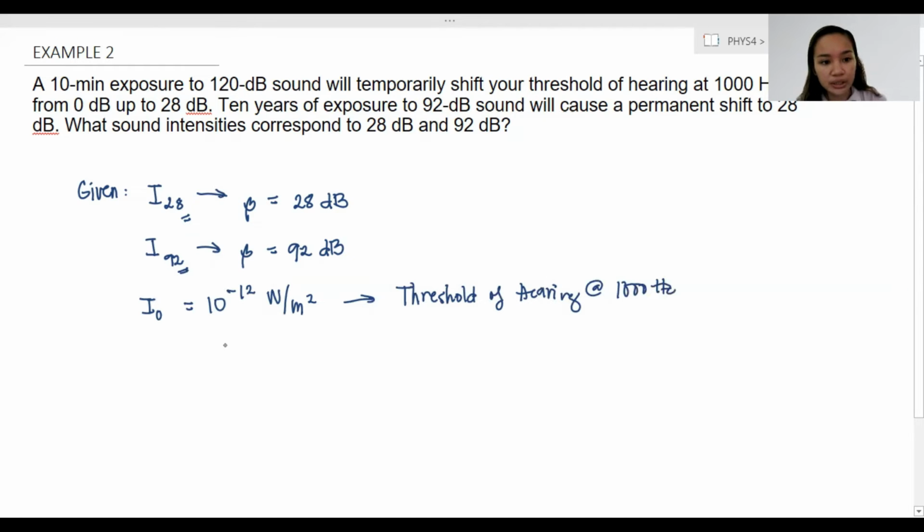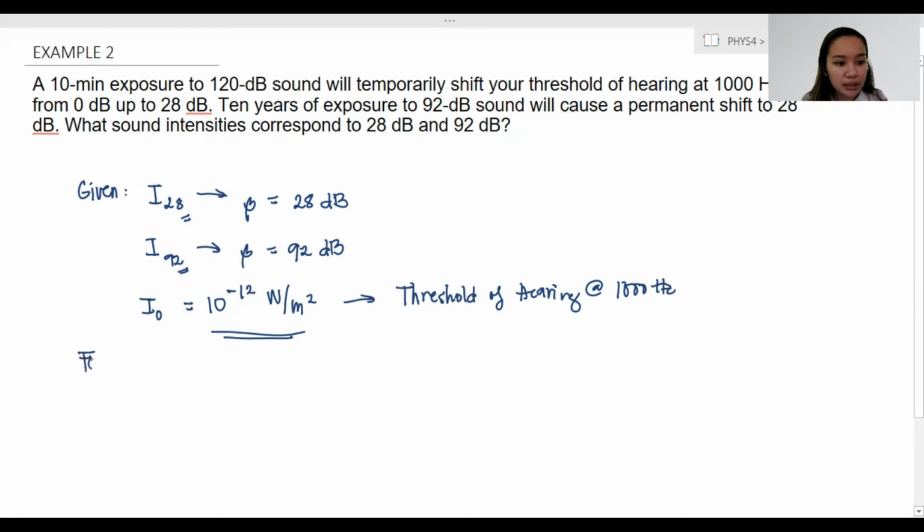So this is already a default or a constant value. So when you see this threshold of hearing at 1000 Hz in your problem, it means that our I sub naught, or our initial intensity, is equivalent to 10 raised to negative 12 watts per meter squared.